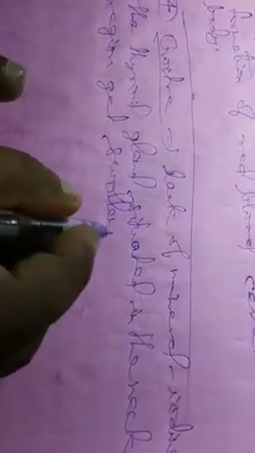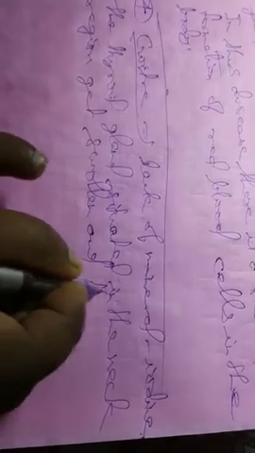The thyroid gland situated in the neck region gets swollen, and there is reduced formation of thyroxine.